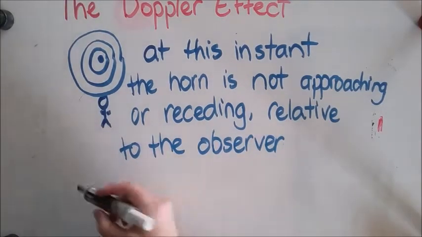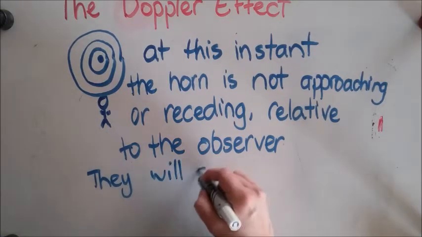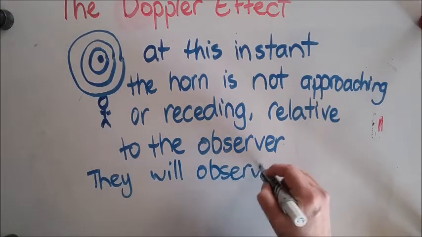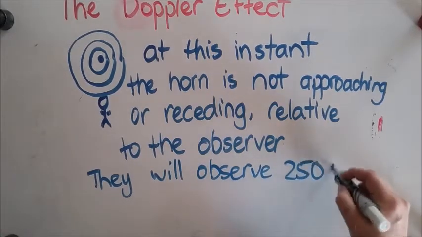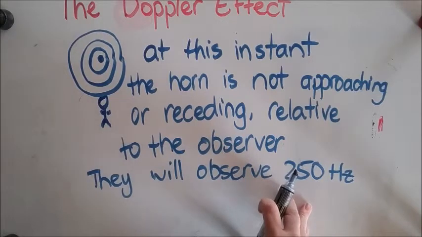Therefore, they will observe 250 hertz, or they will hear a 250 hertz horn, because there is no Doppler effect in action at that moment, and they will hear the same as the rider would hear. So that's a really common follow-up question.